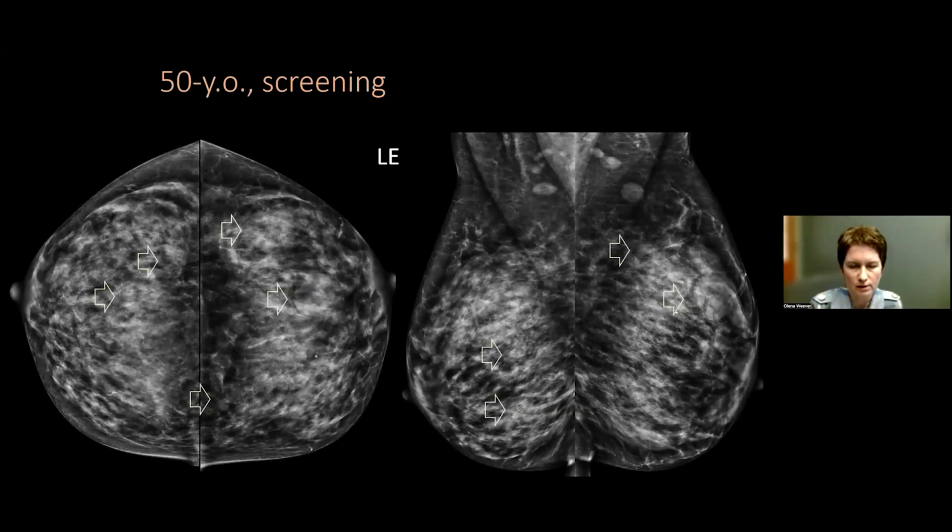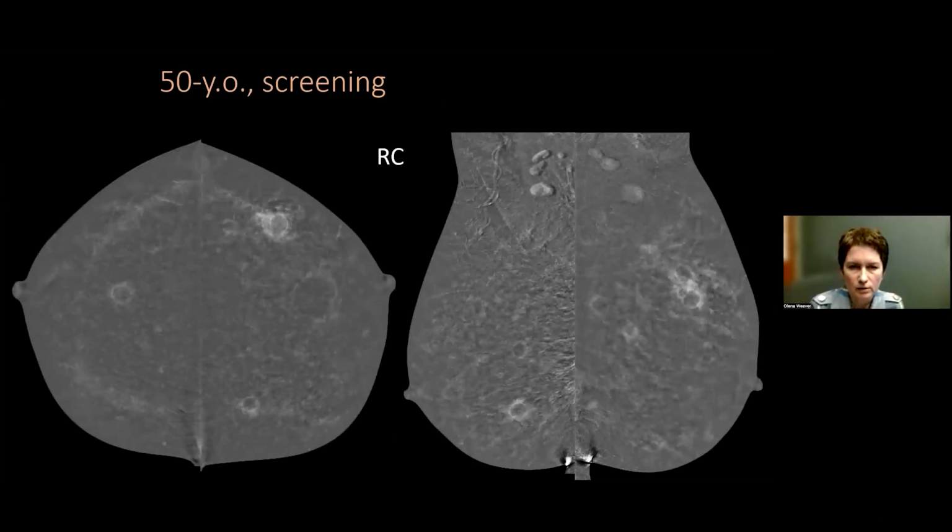It's one of those cases that the more you look, the more of those masses you find. And it has been this changing pattern over the years. Some masses appear, some disappear. Very difficult to look at these cases because it's really hard to tell which of the new masses may be of potential clinical significance. And this is her set of recombined images.